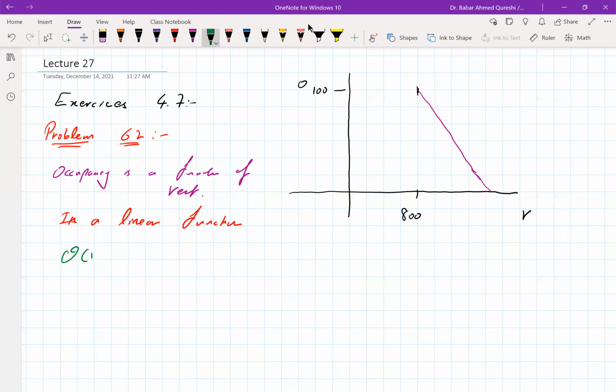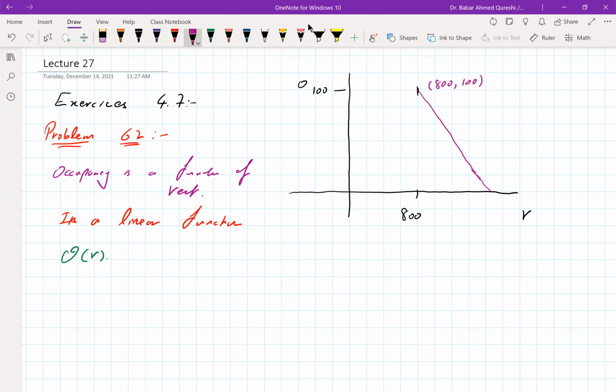So occupancy is a linear function of rent, and I can find out what that linear relationship is. I need to write the equation of the line in terms of O and R. I have this point here, which is 800 on the x-axis and 100 on the y-axis.